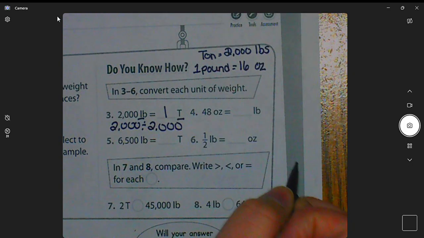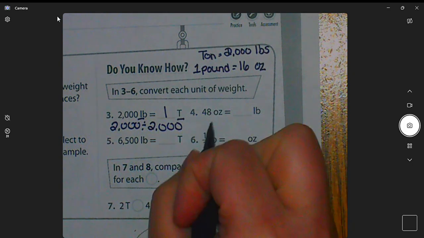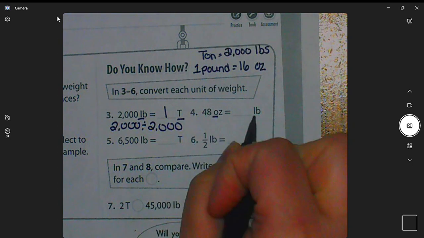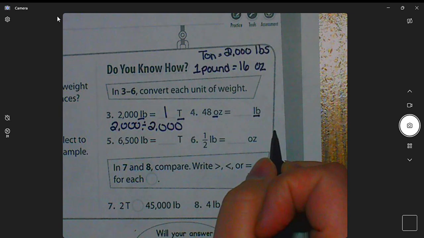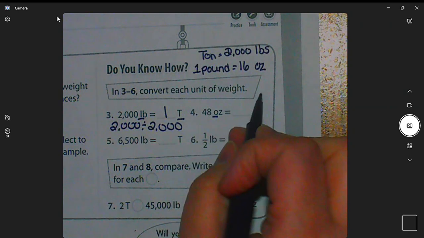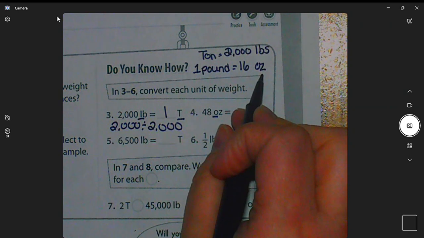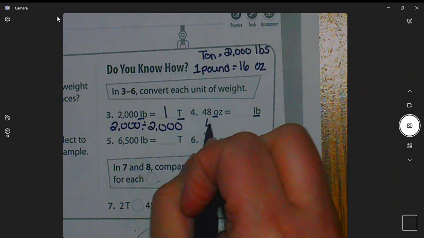Number 4, 48 ounces equals how many pounds? So ounces, pounds. Am I going from big to little or little to big? Yes. I'm going from a small unit to a larger unit. So 48.